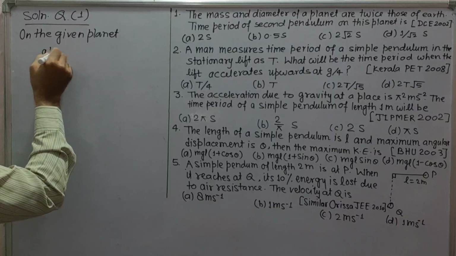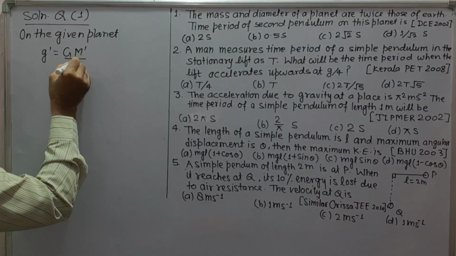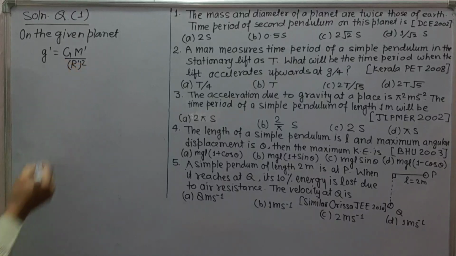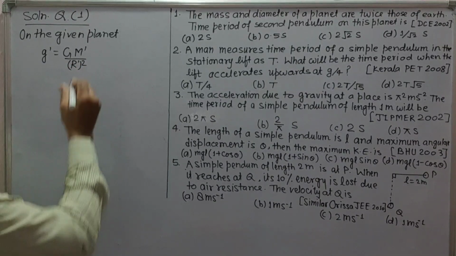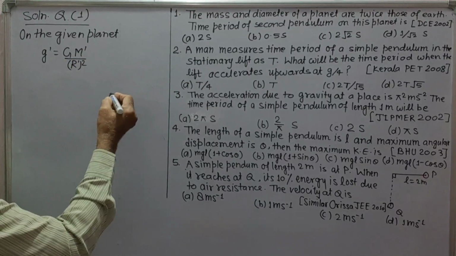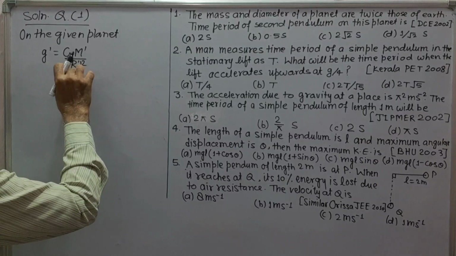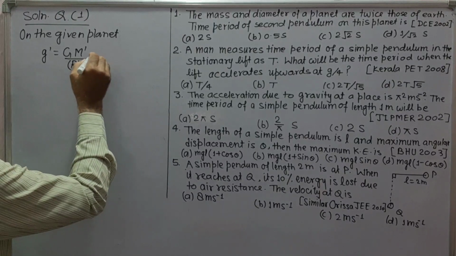g dash will be equal to g m dash upon r dash square, because small g is equal to GM upon r square. Here m dash is the mass of planet, which is given to be twice of the mass of Earth, and its radius is also twice the radius of Earth.